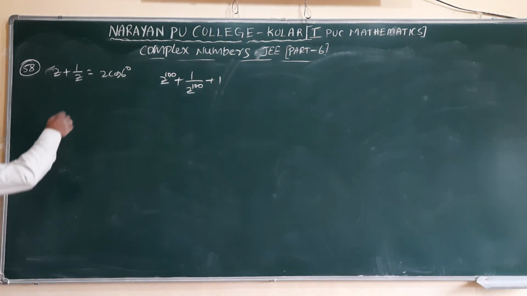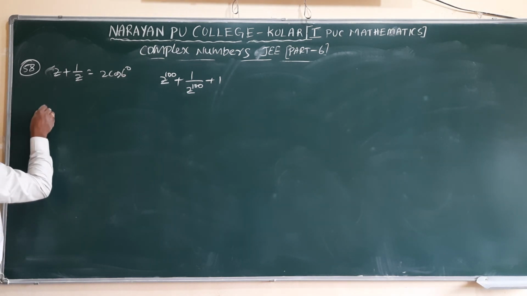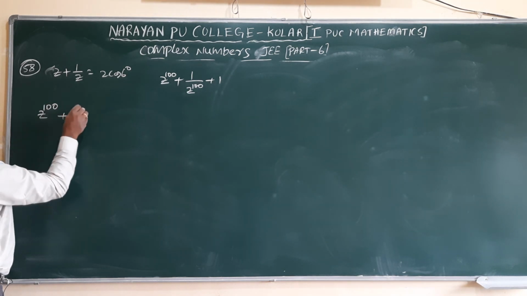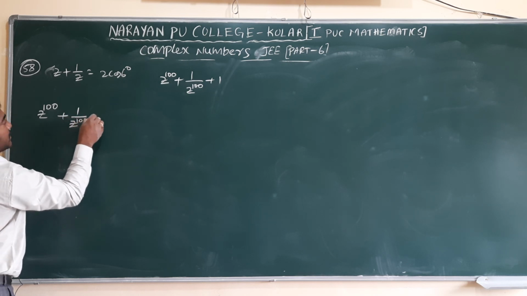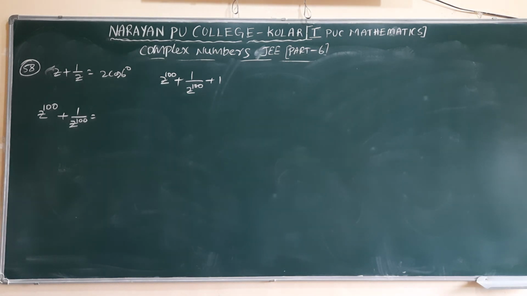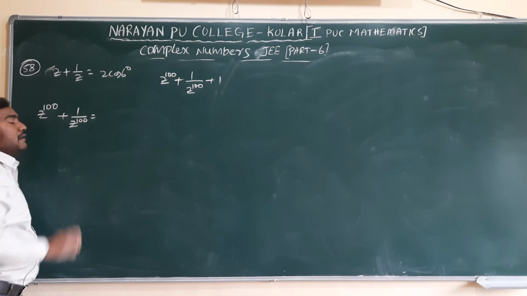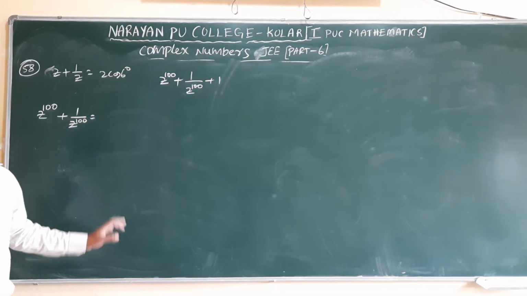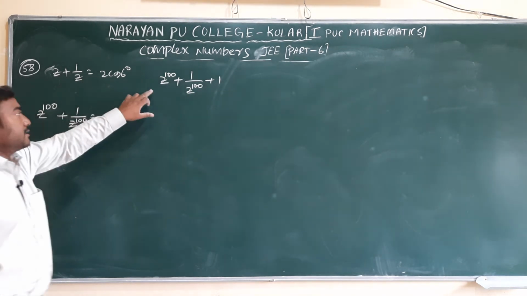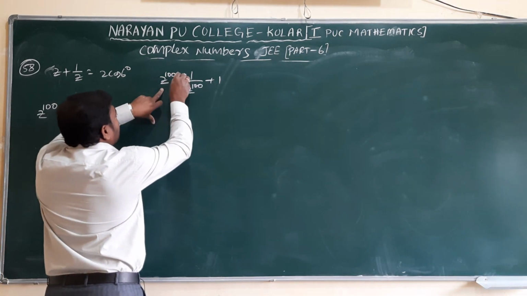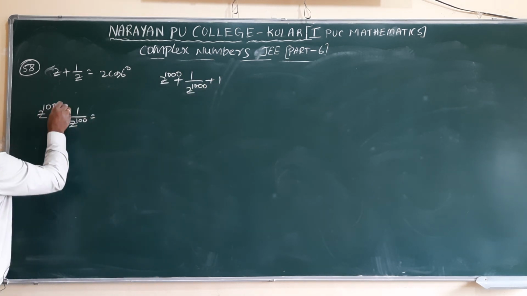Now here we have to find the value of z power 100 plus 1 by z power 100 is equal to. But here there is a small change, the question should be z power 1000 plus 1 by z power 1000 plus 1 is equal to.